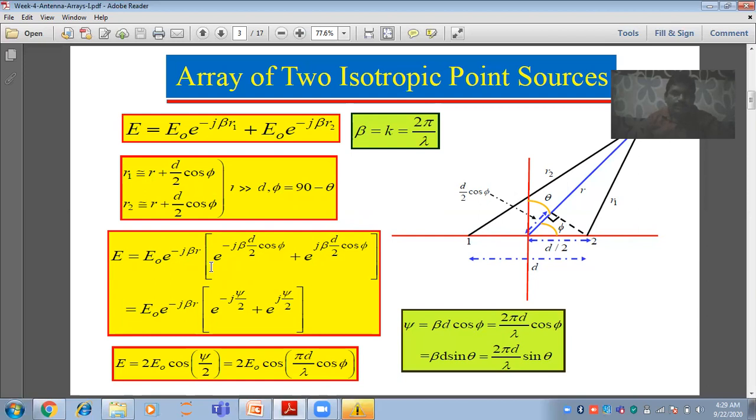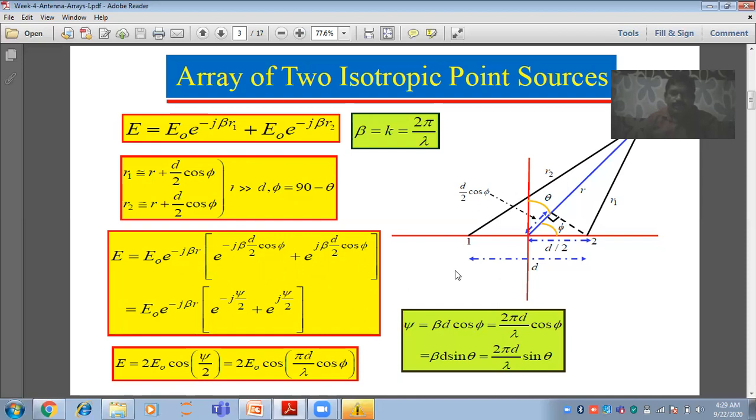Generally, the field by an antenna is proportional to e power minus j beta r, which we have seen in the case of the Hertzian dipole. Due to that, this can be written as E naught into e power minus j beta r. This is the common factor, which is taken out, and this can be written like this.